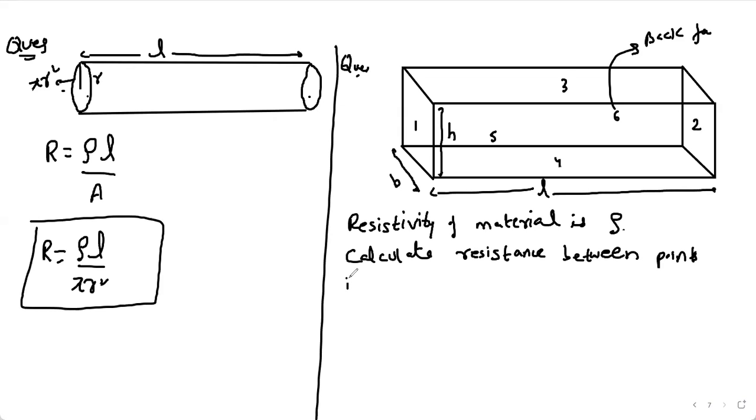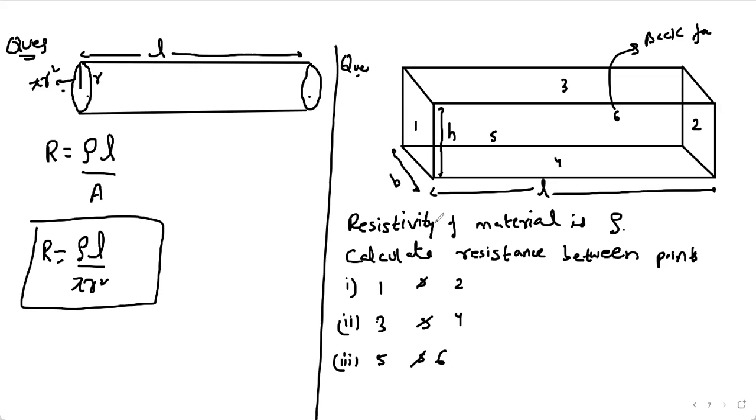So I take the first case: I need resistance between 1 and 2. The second case: I need resistance between 3 and 4. The third case: I need resistance between the front and back faces, 5 and 6. So I need resistance between these 3 pairs of faces.